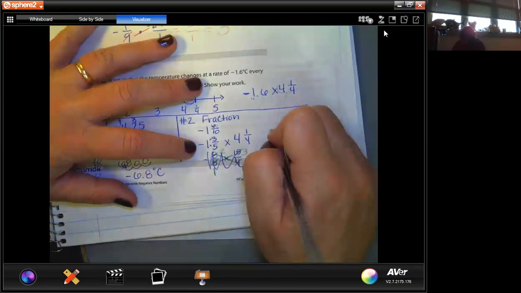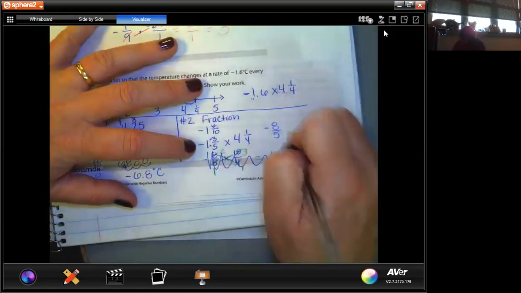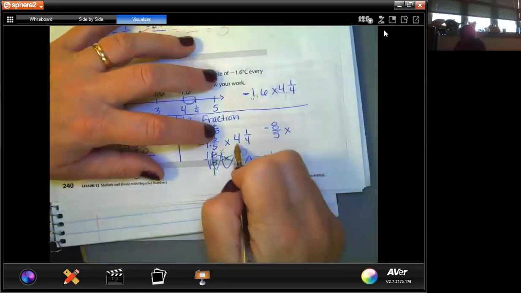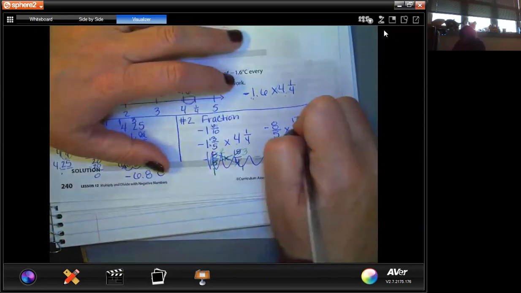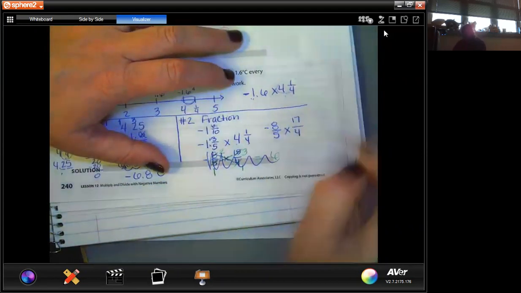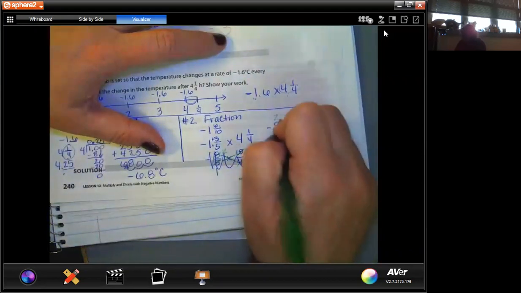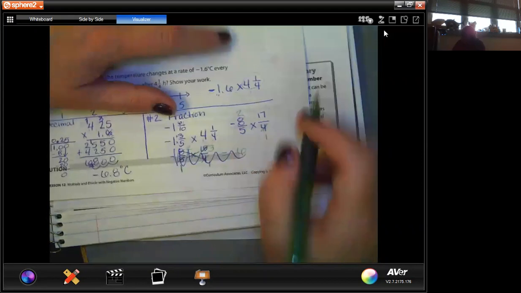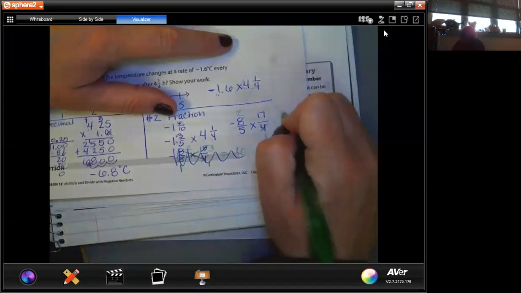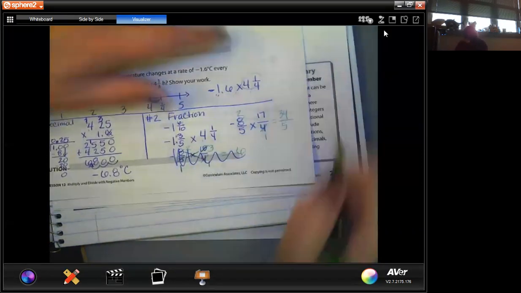So this again is negative 8/5. That one was right. This one over here, 4 times 4 is 16 plus 1 is 17/4. So with that being said, 4 goes into 4 once, 4 goes into 8 twice. And now if I multiply this through, this becomes 34/5, right?